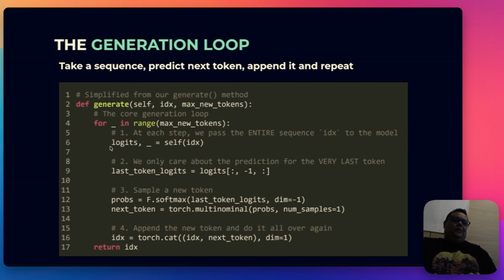With logits equals self(idx), we're doing this full computation, and then you see the waste here. We're doing all this expensive computation, but we're only taking care of the very last token, that's the new generated token, and that's what we then put into our softmax implementation.